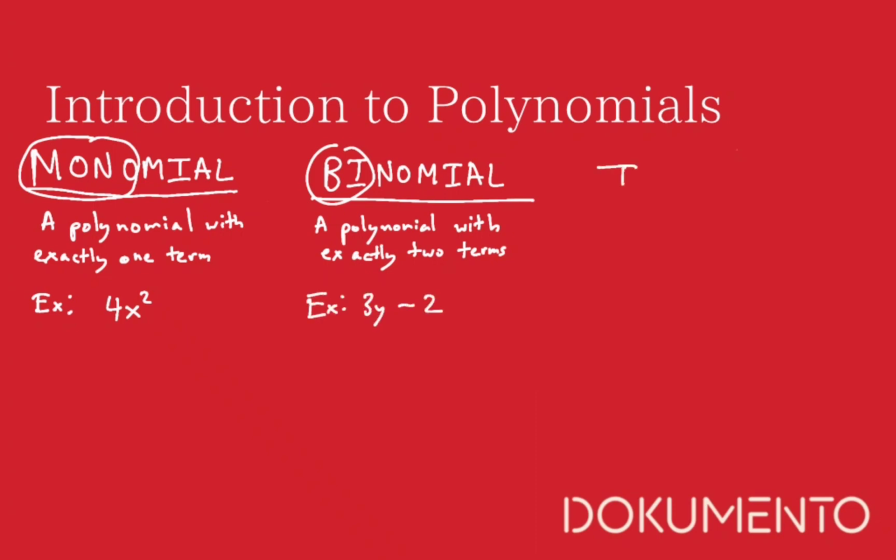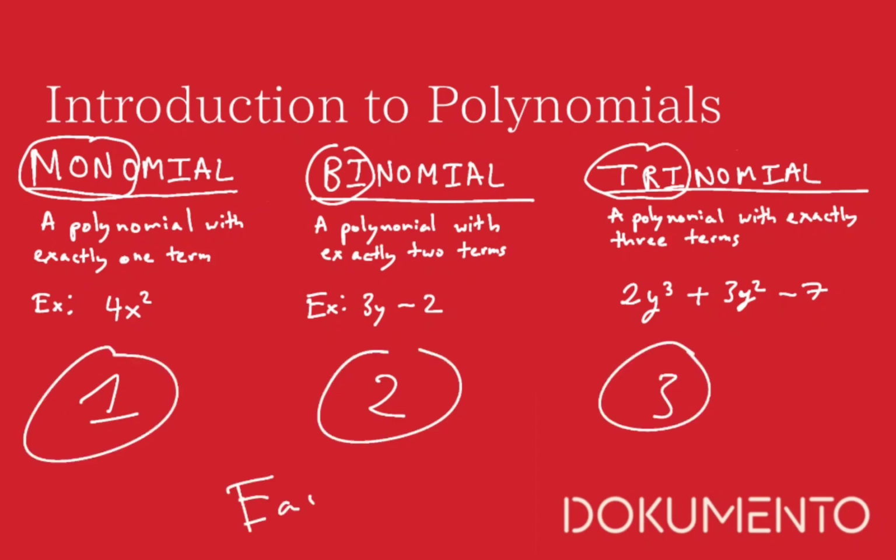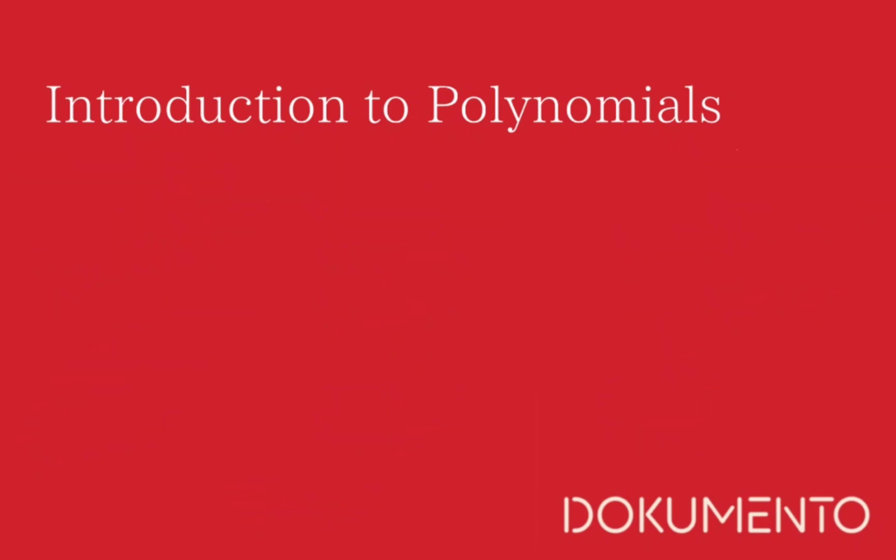So we have 3y minus 2, for example. Trinomial, you guessed it, 3 terms. It's a polynomial with exactly 3 terms. So for example, 2y cubed plus 3y squared minus 7. It has 3 terms. 1, 2, 3. Very easy. So now let's run through some practice problems using these vocabulary terms.